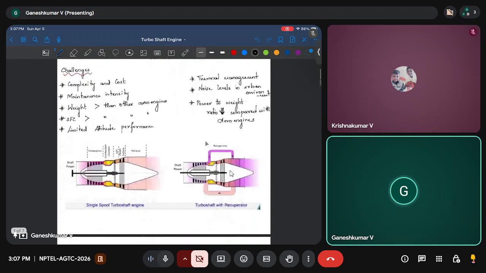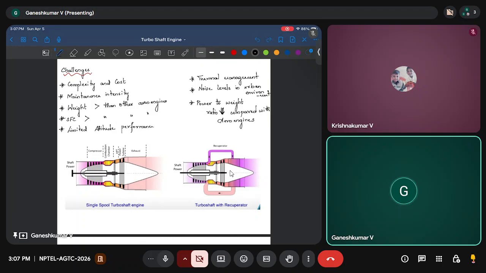There are also challenges. Since you have a shaft, your complexity increases, cost increases, and maintenance you have to do. It is easily maintained compared to an IC engine, but in general, among gas turbine engines, the maintenance is higher for turboshaft engines. The weight is greater than the aero engines.